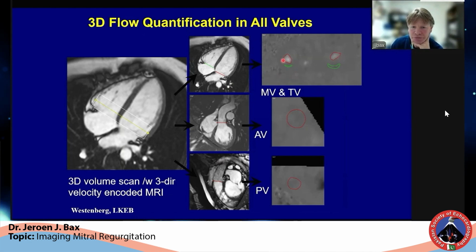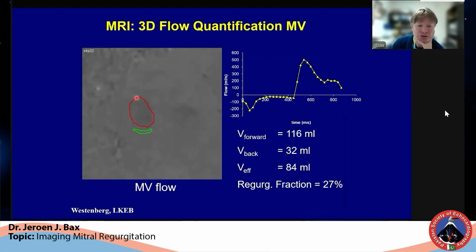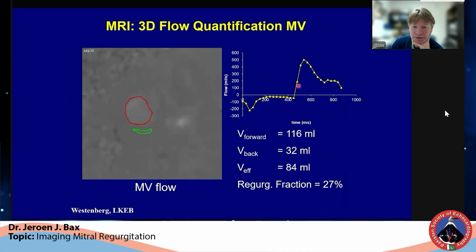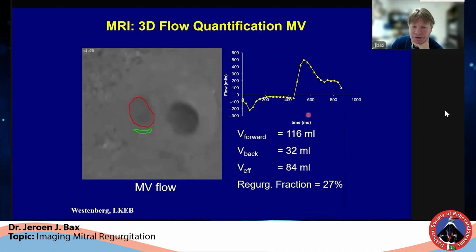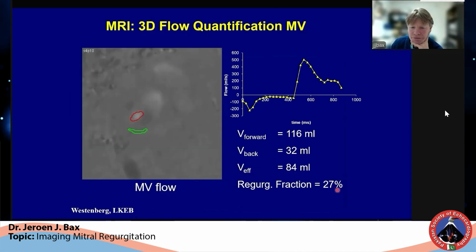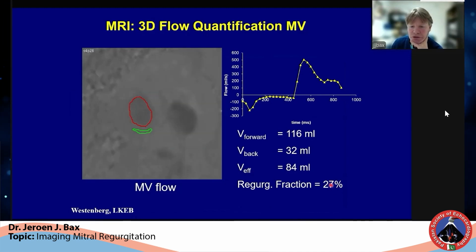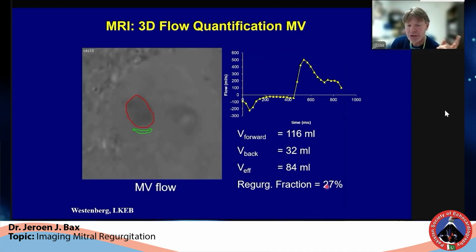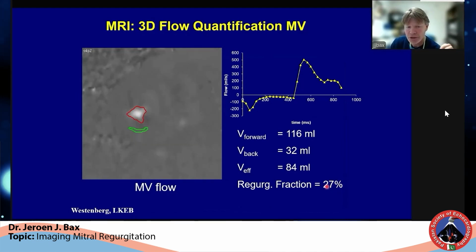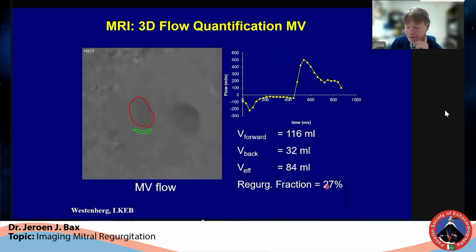If we take out now just the flow over the mitral valve, I'm going to get this curve here. And that gives me exactly the forward flow, the backward flow, and from that we calculate the regurgitant fraction. So that gives you absolutely quantified how much blood is leaking from the mitral valve.